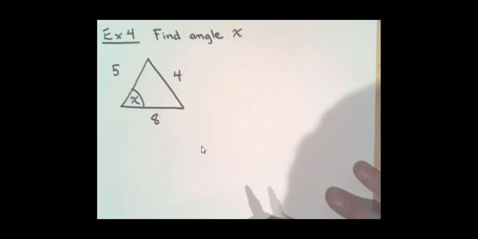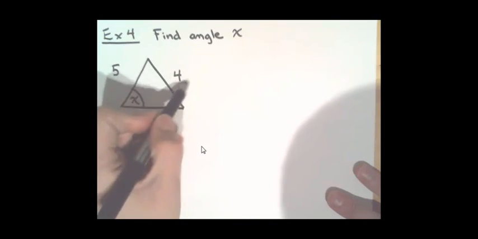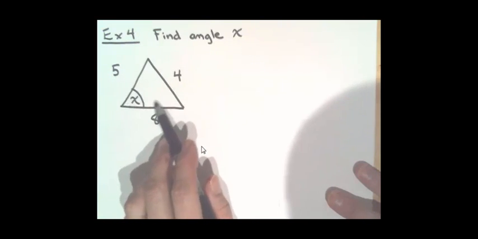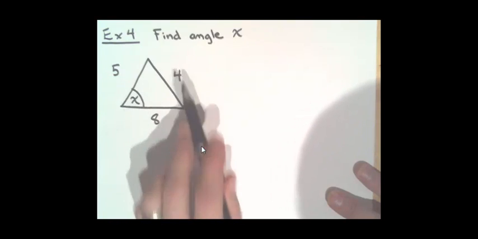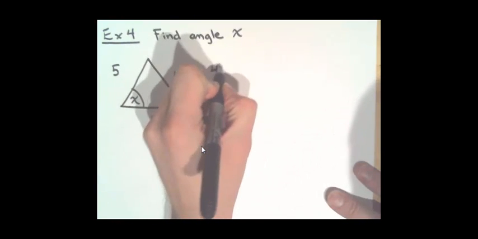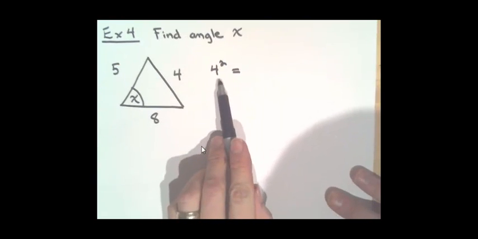So this time, usually we're after a side, and the side we find has to be opposite an angle. So if we're going to find angle x, we'll still need to know what his opposite side is. And instead of him being unknown at the start, now we know him. So we know 4 squared. It's sort of like you trade spots.